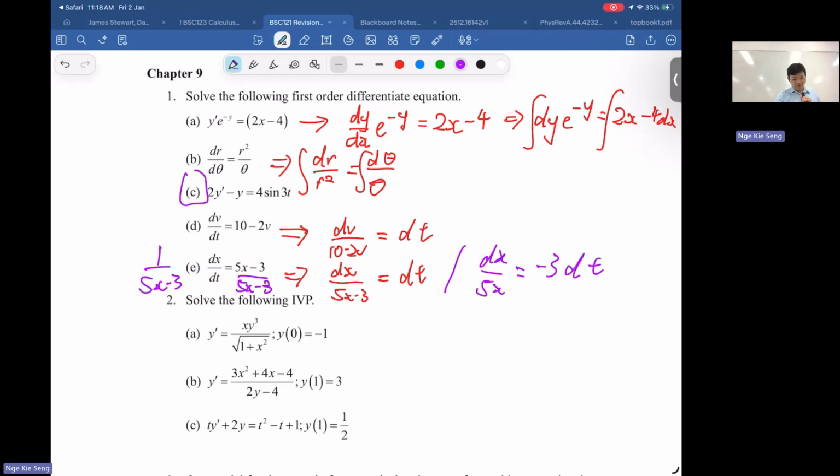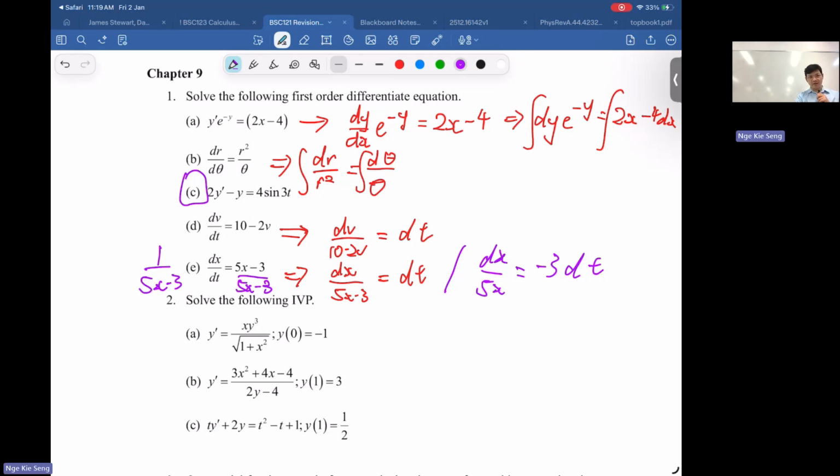C, I think, is quite straightforward. Is it straightforward? C seems a bit weird, huh? I think C you cannot do by separating variables. You can't separate.